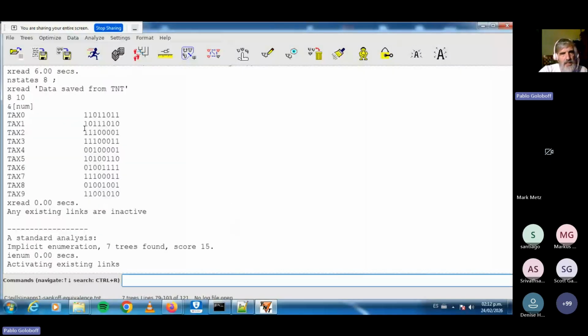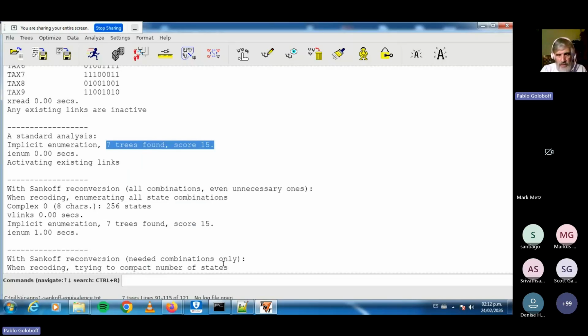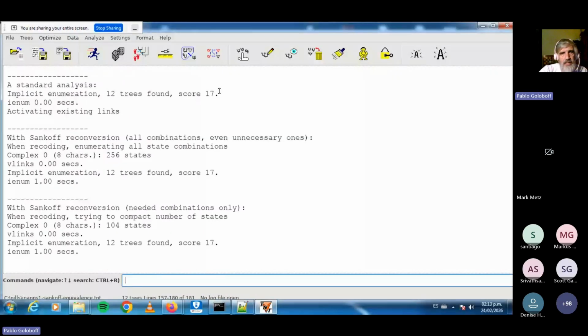Now the matrix is all different, right? And we found a set of different trees. It just happened to have, again, 15 steps. It doesn't have to. In every one of those cases, you can make the comparison of the results. In this case, we have a score of 17 steps.